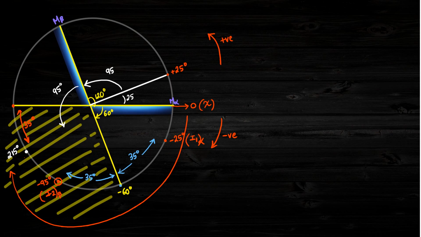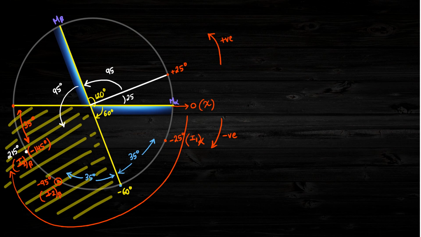That means this particular angle will be 180 minus 35, which is 145. So we'll have to represent this as minus 145 degrees. And this image I will name as I3, and since it got reflected from the mirror beta, I'll label it as I3 beta.